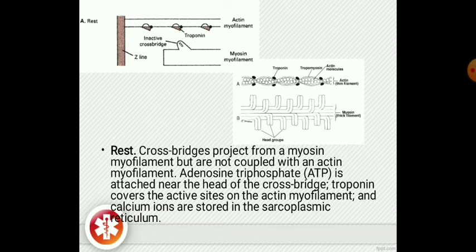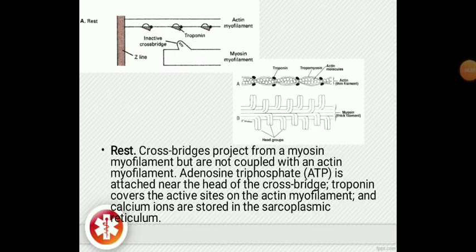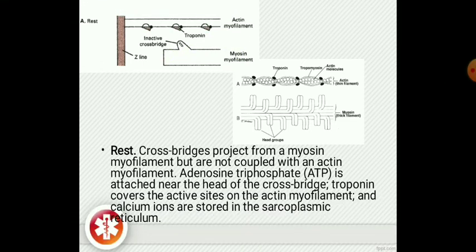These are the stages in cross bridge formation. As I said, in a single sarcomere we have both thin and thick filaments. The thin filament is called actin and the thick filament is called myosin.